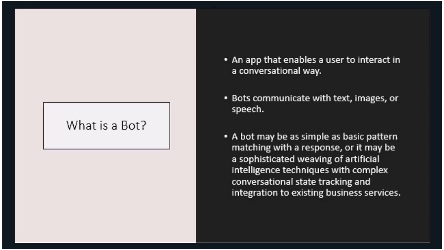So a bot could be very simple, just pattern matching. Any developers out there could do if statements. If someone types this specific word or phrase, then respond with this information. And that works to an extent, but the problem is that you're really expecting your end users to speak in a very specific way or ask questions in a very specific way, and it feels very robotic, basically.